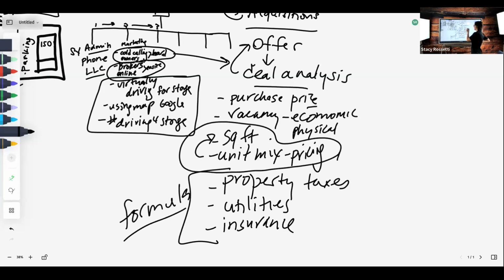And then you want to get the vacancy, right? What's the physical versus the economic vacancy? And then if you want to get these expenses, typically we're running our numbers at 38% for our expenses.